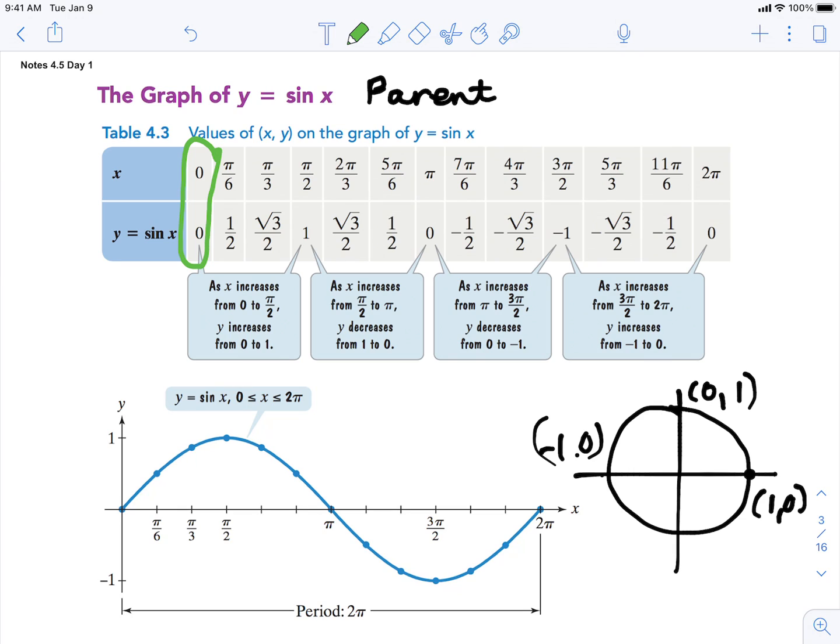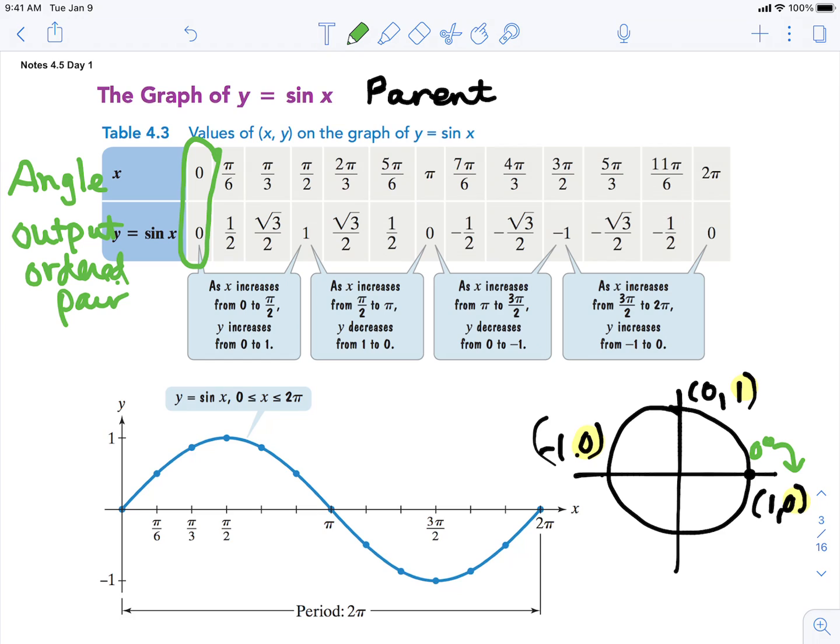The x is your angle, and then the y is when you evaluate it. What would be the output? That would be the ordered pair piece. So we're going to be focusing on the sine. So sine on the unit circle is the y values. So this first ordered pair at 0 degrees outputs 0.